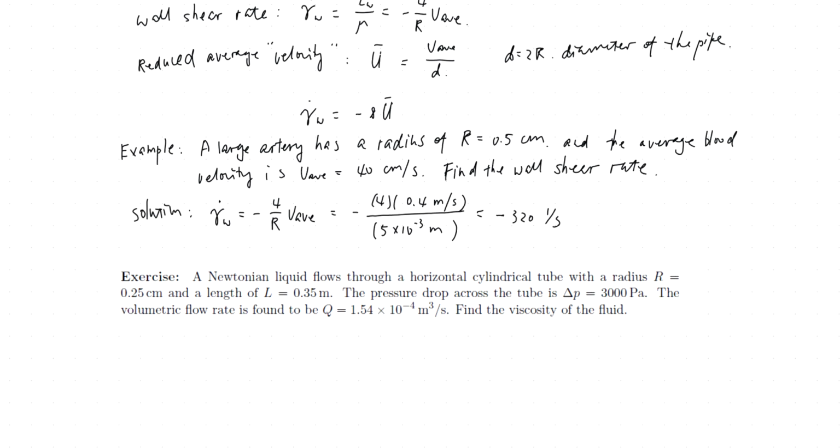The pressure drop across the tube is also given, it's 3,000 pascal. The volumetric flow, somehow they measured it to be this value. Then find the viscosity of the fluid. So this is an application of the capillary viscometer.